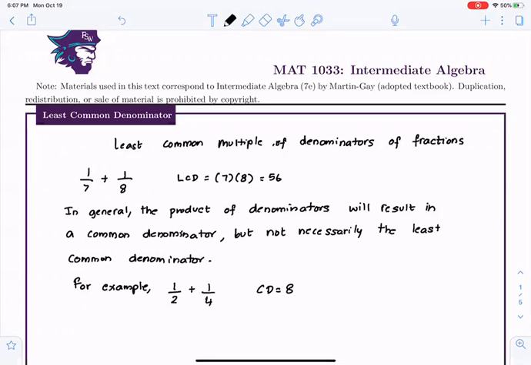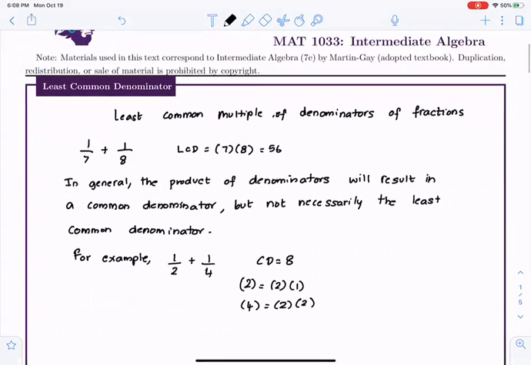So the first term is 2. I could write it as 2 times 1. The second term is 4, and 2 times 2. Now, you want to keep on looking for a value that would form the least common multiple.